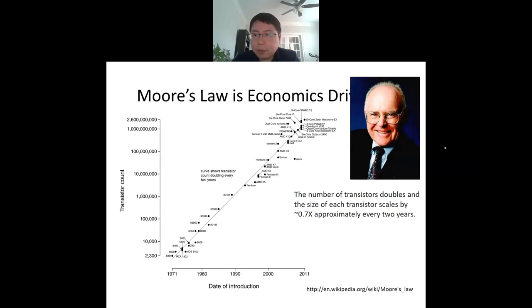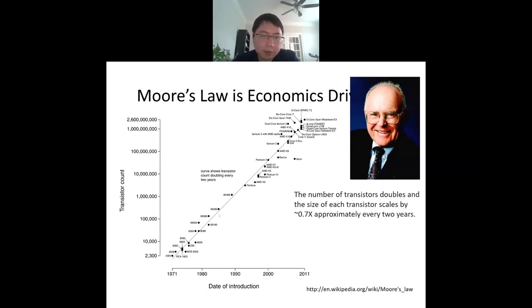And here we show Moore's law again. This is Gordon Moore, and this is his famous prediction. And here is the historical trend of the transistor count, the number of transistors on the processor over the years. And you see this is an exponential increase of the transistors because this is in log scale.